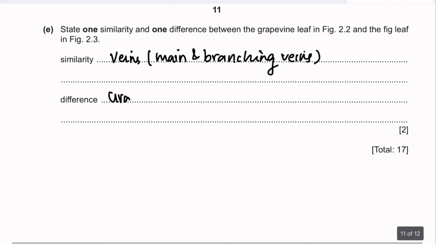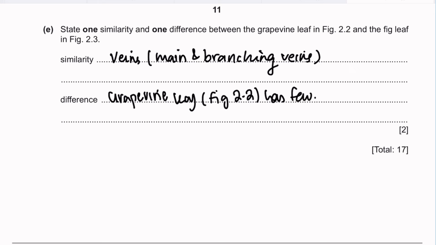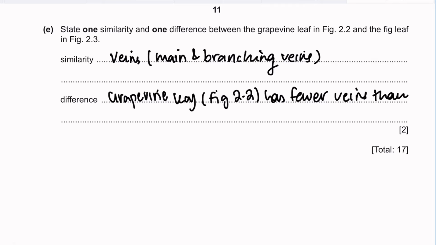So you can say the grapevine leaf figure 2.2 has fewer veins. And remember, it's a comparison, it's a difference. So compared to your fig leaf, which is figure 2.3.